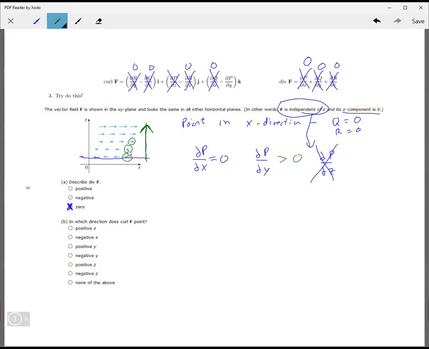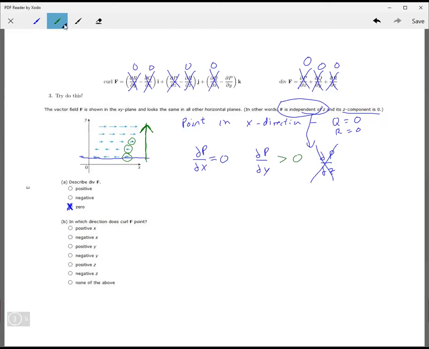That means the partial is positive, so P is increasing as you go up. So dp/dy is positive.